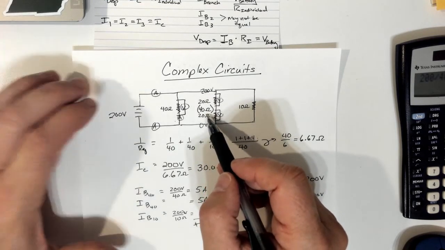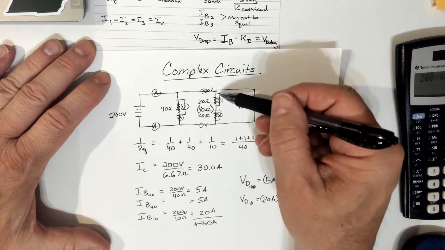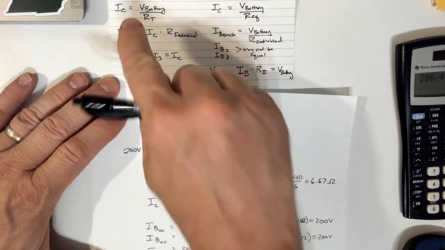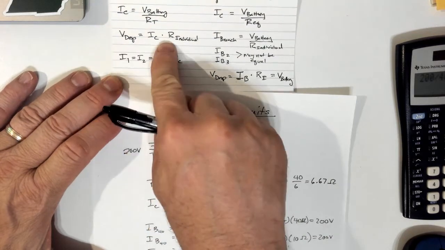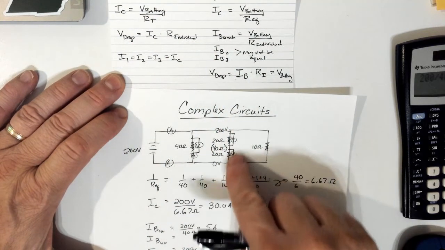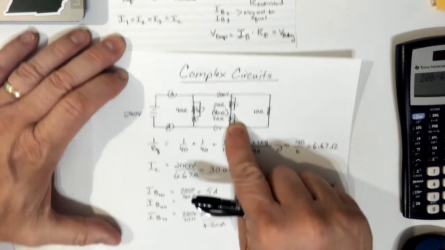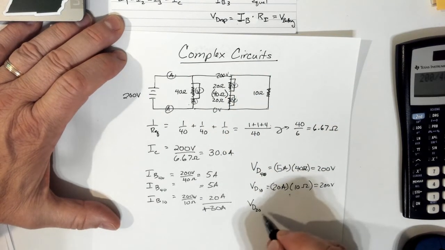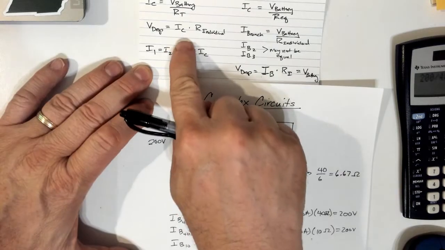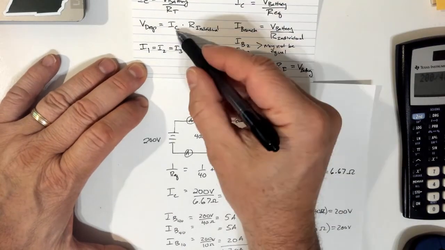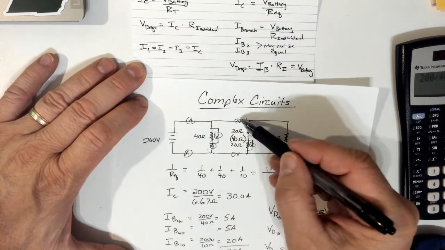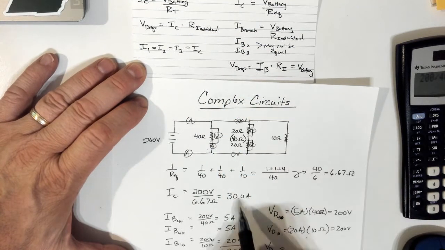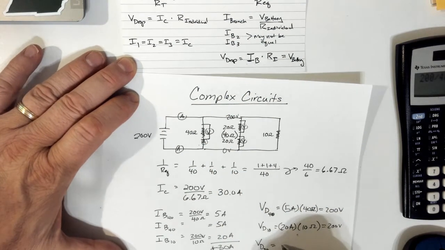But let's prove it. So let's do a voltage drop. But as I go through here, I'm actually going through a series. So we're going to do the voltage drop of a series here. So you see how we're mixing them together? So voltage drop of the 20 in the series is going to be current, I current, which starting here, it's pushing here at 30.